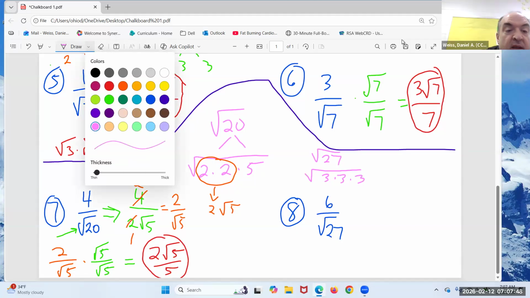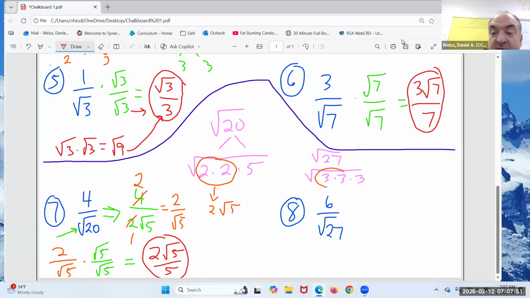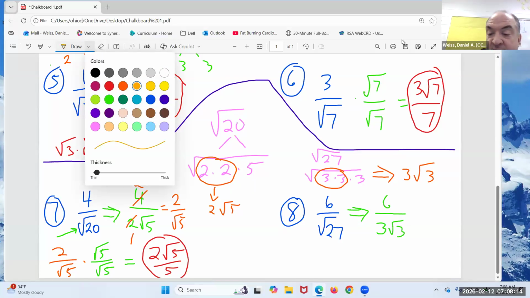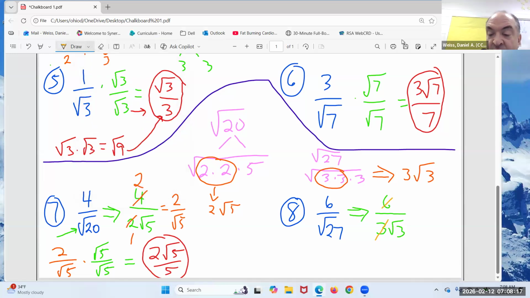So I'm going to take out the pair, and that's going to give me 3 square root of 3. Now what I have is I'm going to rewrite this as 6 over 3 square root of 3. What happens here is I can cancel. 3 goes into 3 once. 3 goes into 6 twice.